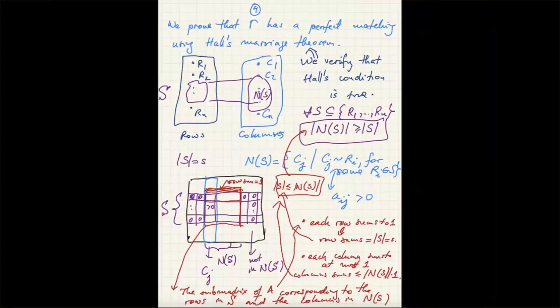So we have this transversal with all these positive entries on it.